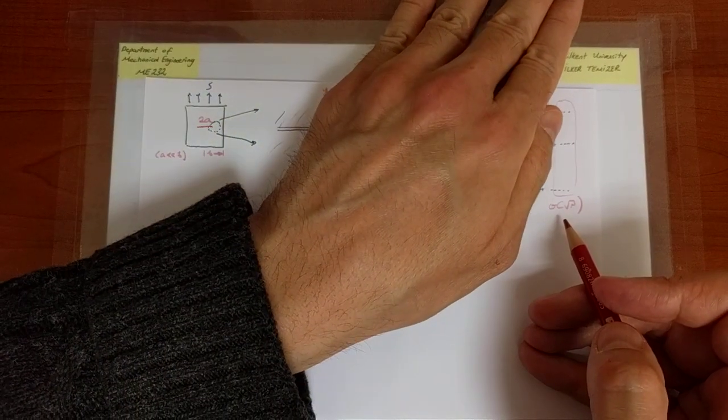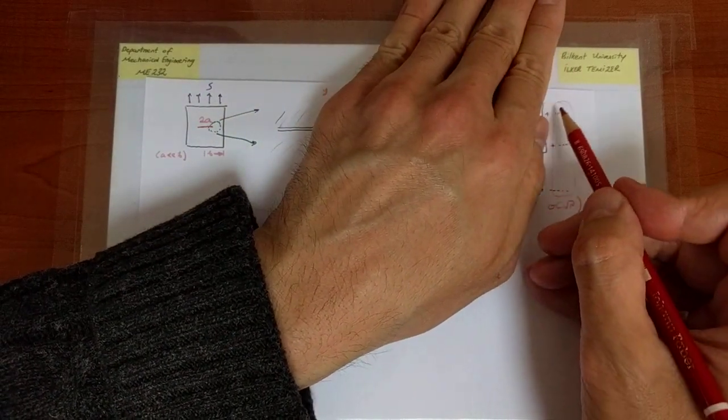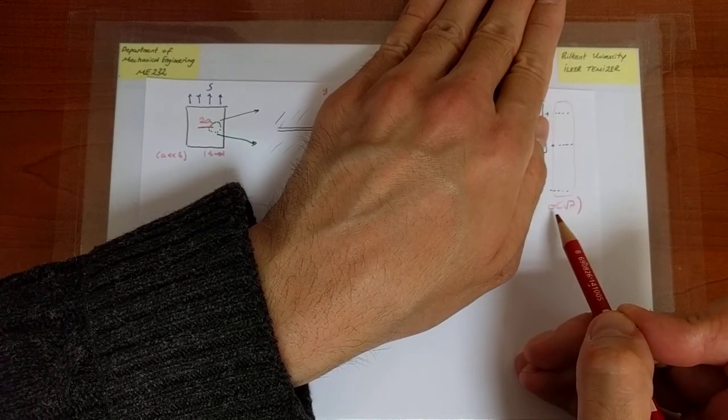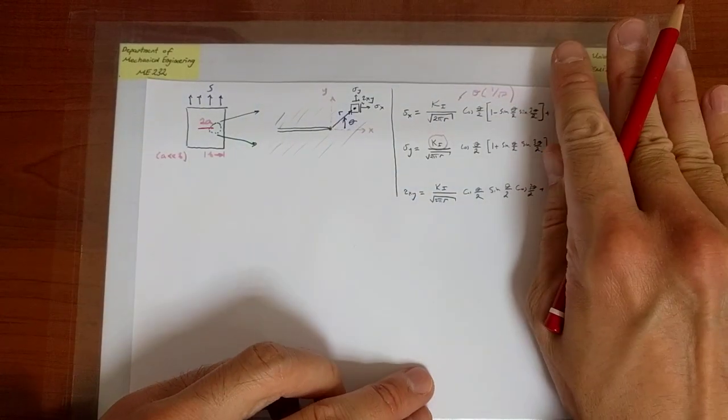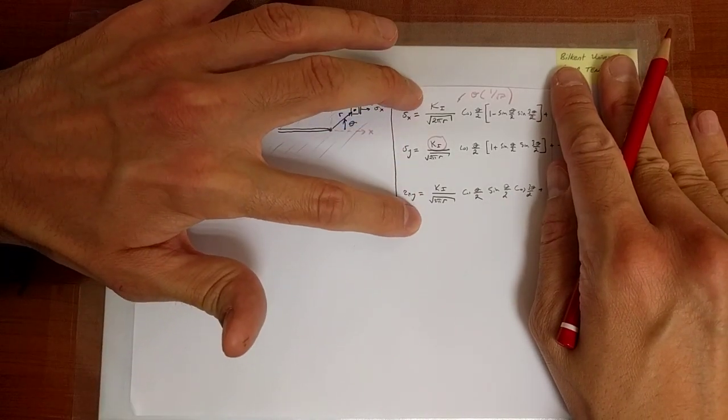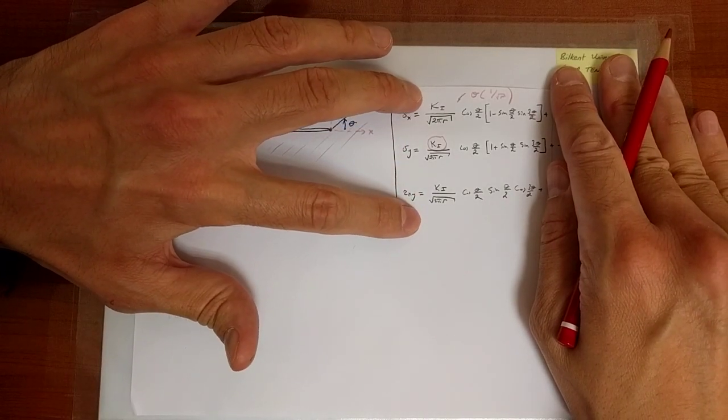But when r is very large, this part becomes irrelevant and these terms take over. But these terms are finite, they are not very large stresses, whereas these terms have to do with values blowing up. So these are the terms that I'm interested in.